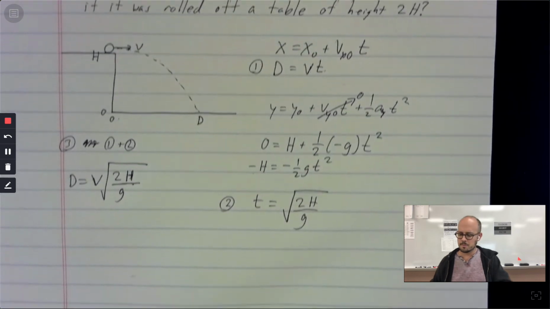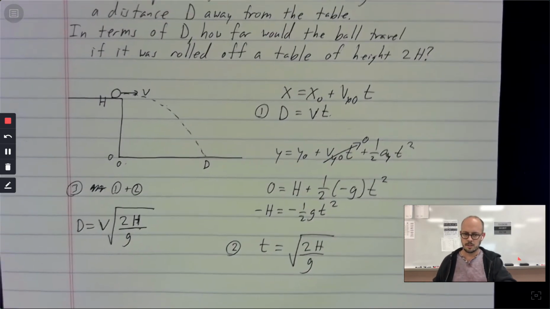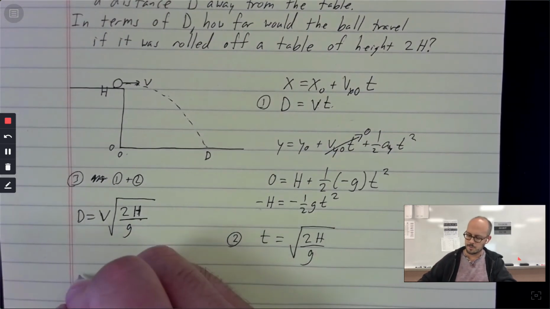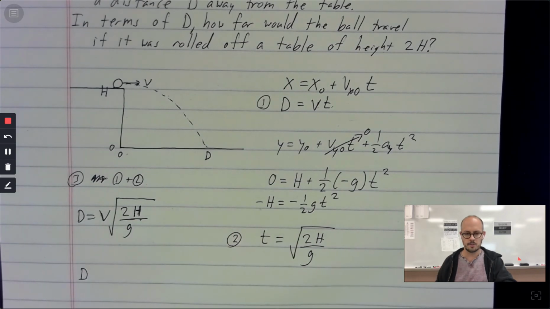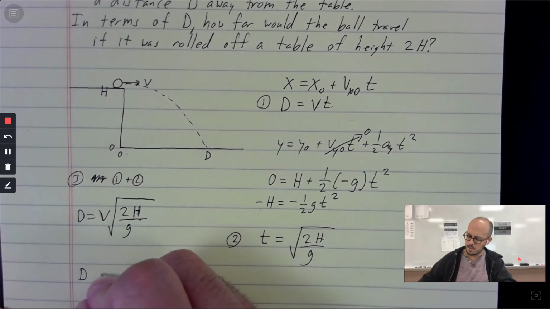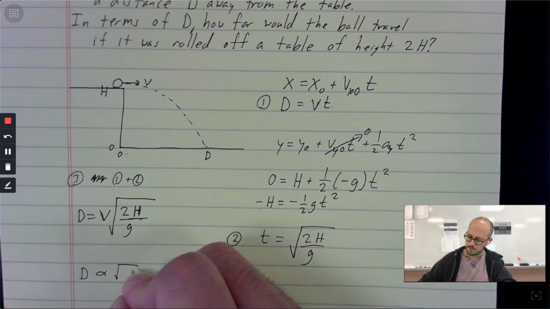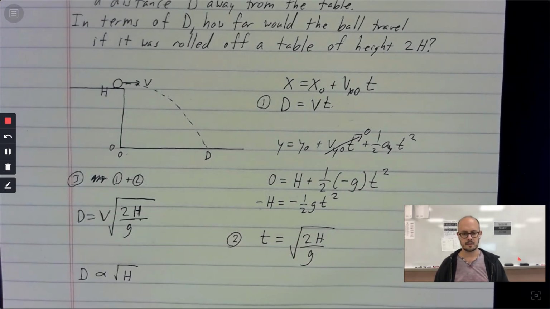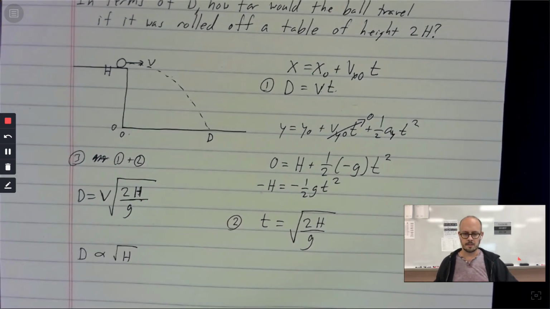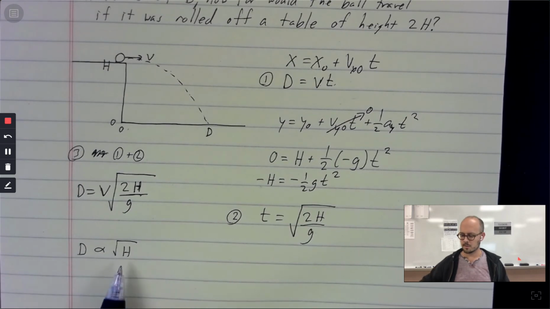So as far as the proportional reasoning goes, this equation tells me that the distance traveled by this projectile is proportional to the square root of the height of the table. And basically that means however you change the height of the table, the effect of that on the distance it travels is the square root of that change.